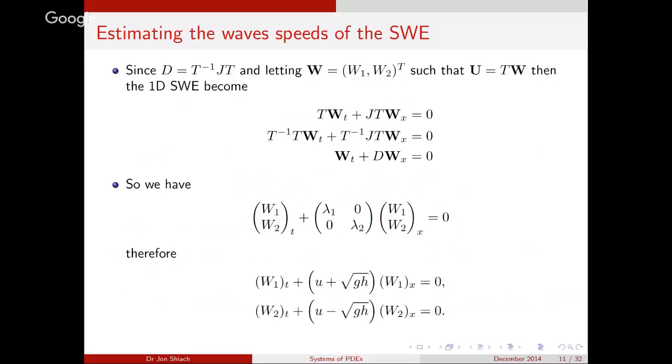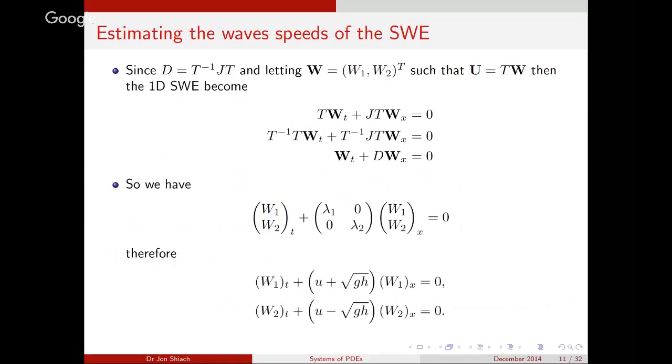Remember, lambda 1 for the shallow water equations was U plus root GH, and lambda 2 was U minus root GH. These are the same as scalar advection equations. Remember, UT plus VUX equals 0. So there's your UT, that's your V, that's your UX, and we just got two of them.